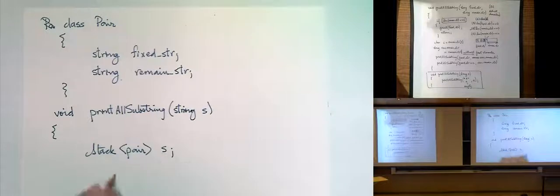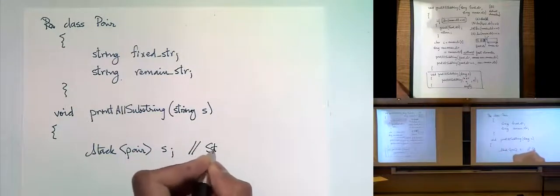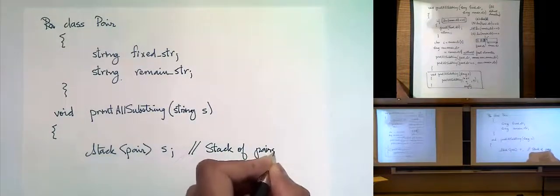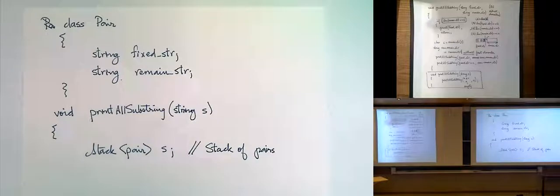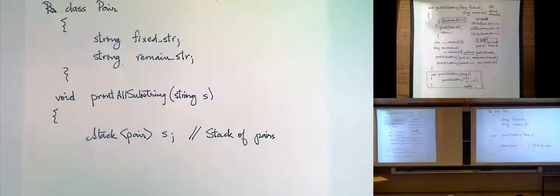Maybe I'm getting my C++ notation wrong, but basically this is a stack of pairs. Look at my code for the correct syntax, but I think this should be correct. So it's a stack of pairs. Does that make sense?